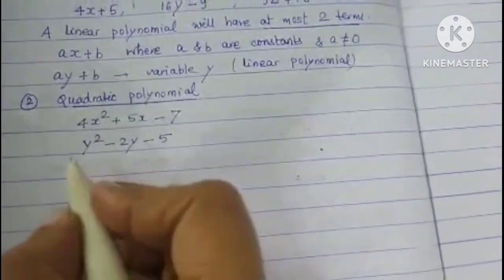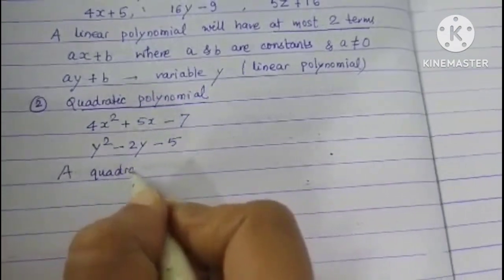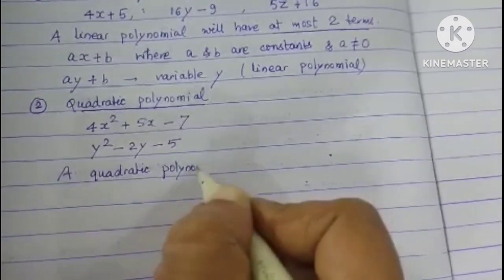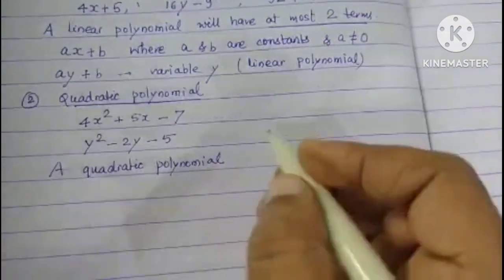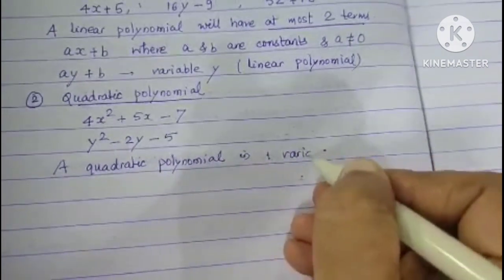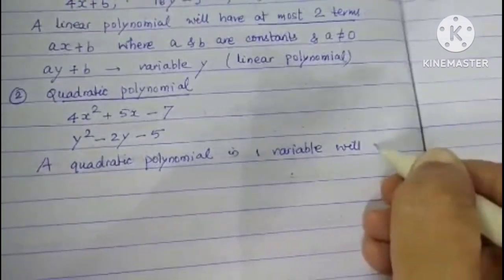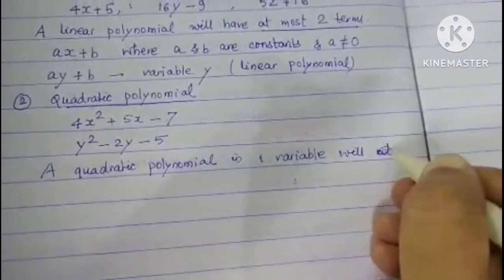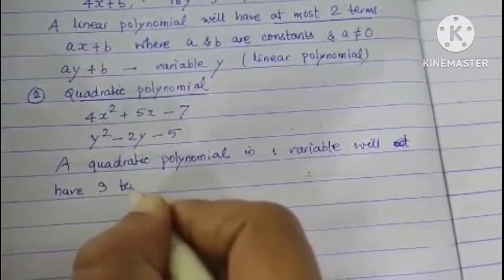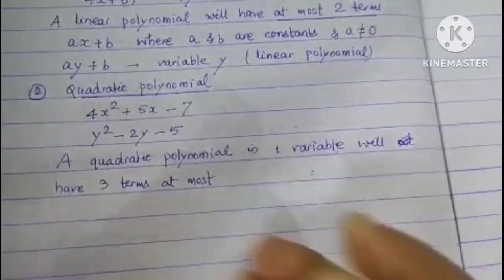So a quadratic polynomial in one variable will have 3 terms at most, meaning maximum 3 terms.